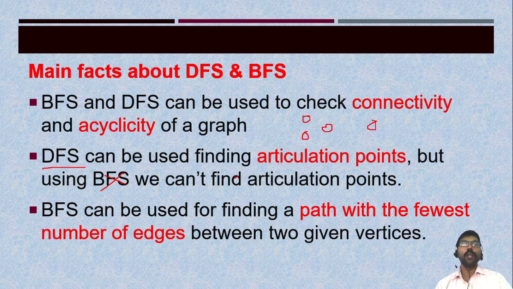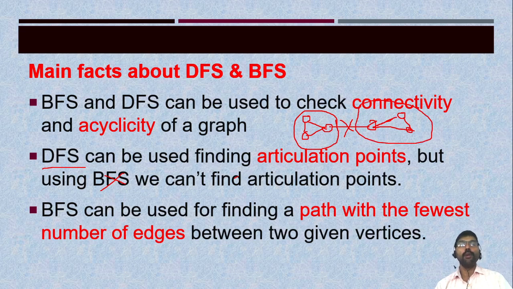If some graph is given like this way, now I have to find out some edges. If you remove that edge, it will disjoint that graph into different parts.